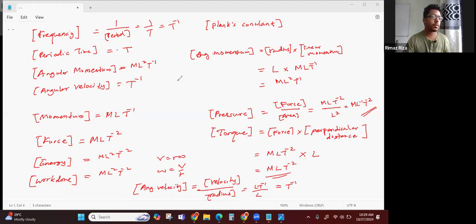Okay, and what is Planck constant? We know E equals h f, where E is the photon energy, h is Planck constant, f is frequency. Therefore, h equals E over f. So the Planck constant is energy divided by frequency.